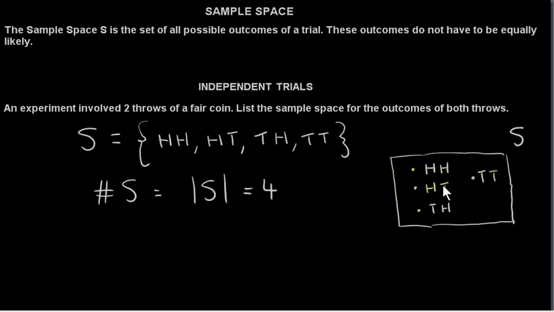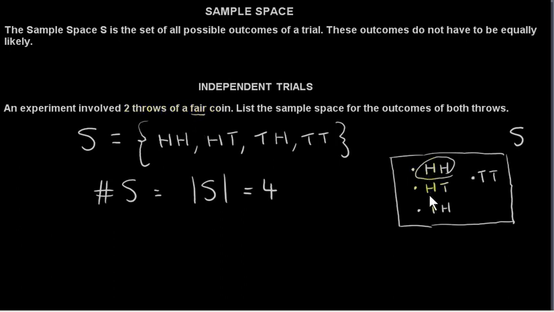Now an important question that we could ask is, are these outcomes equally likely? Well, we have no reason to suppose that they're not. We have no reason to suppose that getting 2 heads is more likely or less likely than getting 2 tails, or head first, tail second, or tails first, head second. We're dealing with a fair coin, and we're dealing with 2 identical throws.